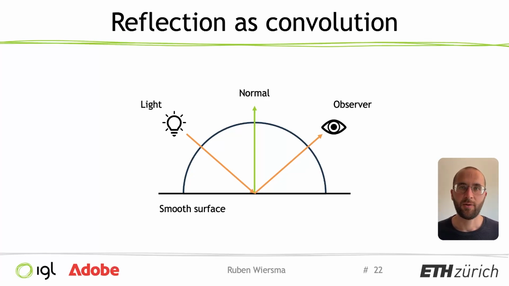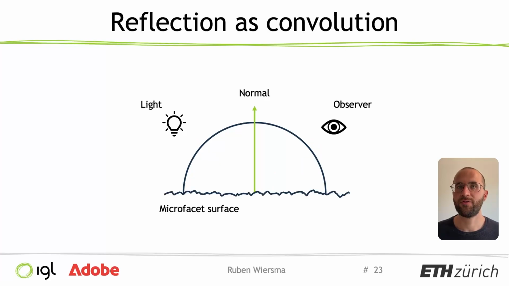In reality, we often don't have perfectly mirror-like surfaces, but rough surfaces, and we model them as microfacet surfaces. Here, each ray hits a different microfacet and is sent into a different direction. But if we plot these directions over the outgoing angles, we see that they follow a certain distribution.